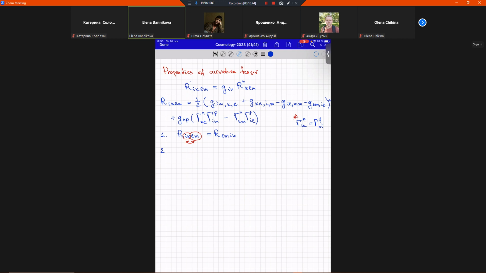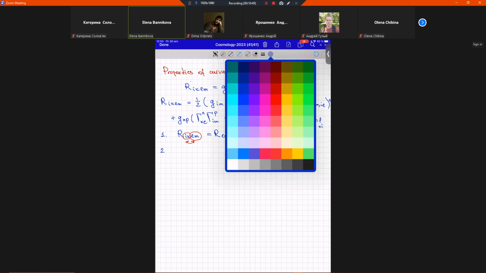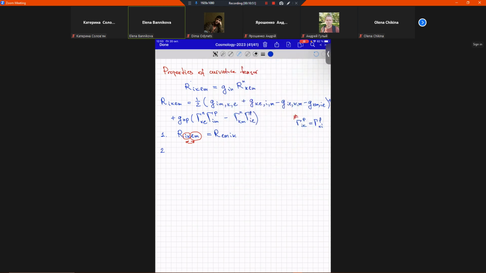And in this case, you really can see it. Okay, the second one: this is the property that the Riemann tensor is antisymmetric with respect to the permutation of the indexes.